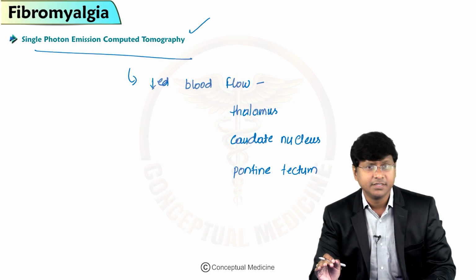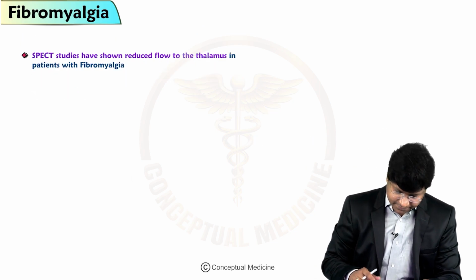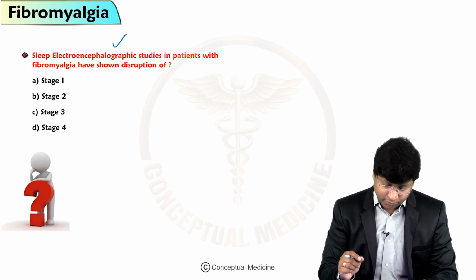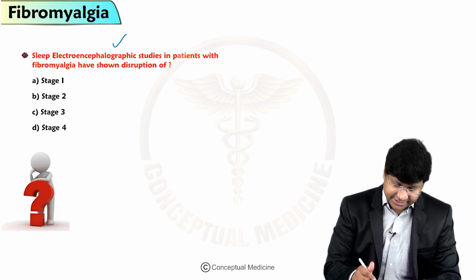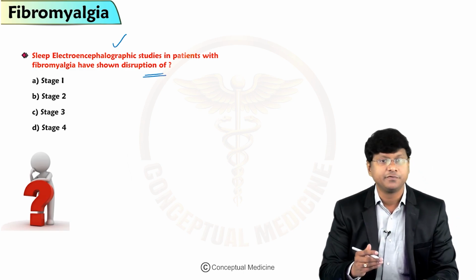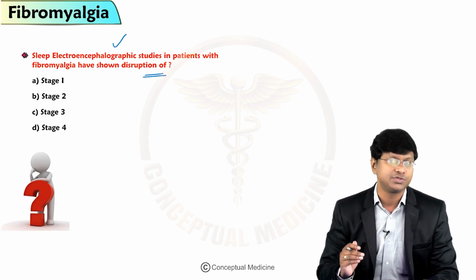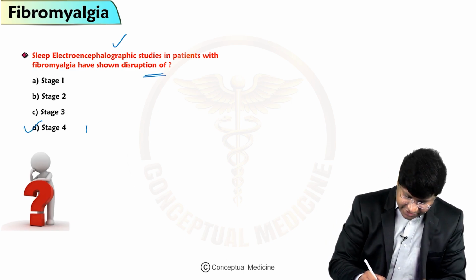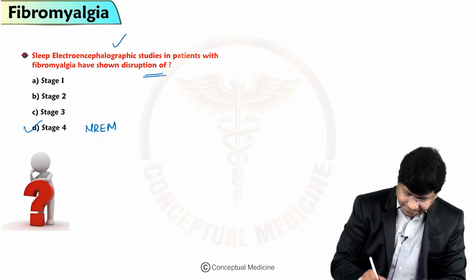Next, apart from that, you see this question here. Sleep electroencephalographic studies in patients with fibromyalgia have shown disruption of which particular stage of sleep? 1, 2, 3, 4. It is stage 4 sleep, which is nothing but your NREM sleep.